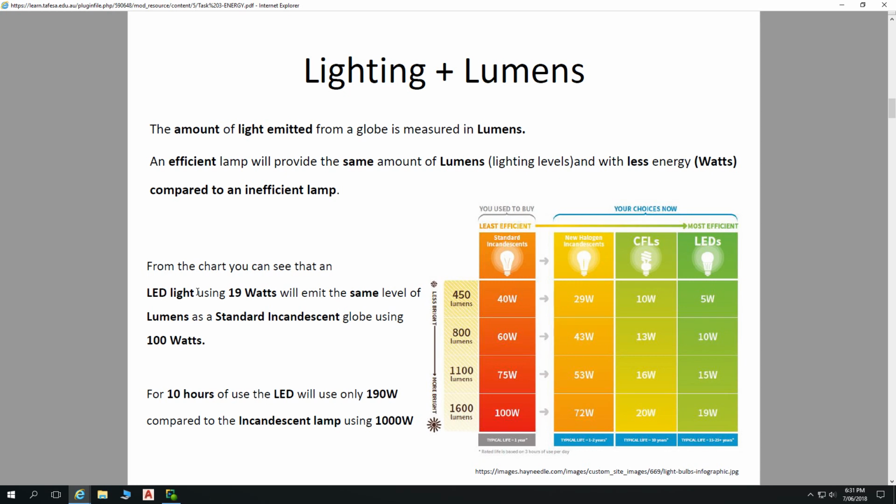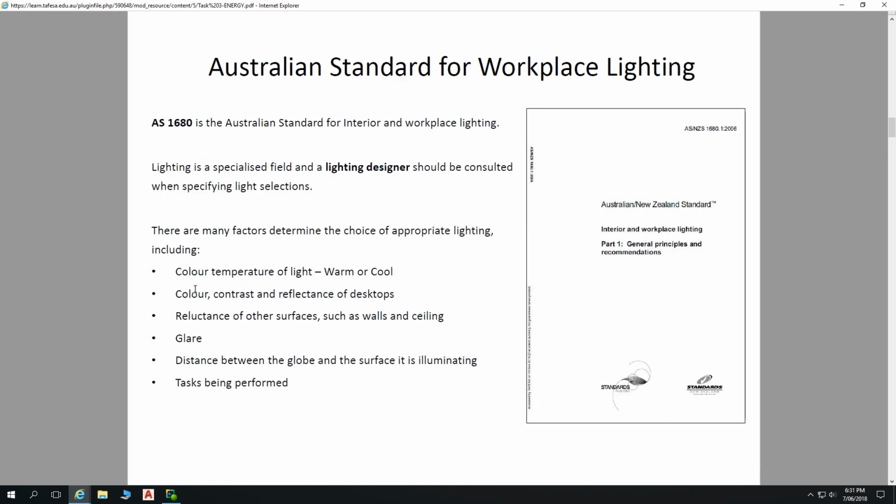And that's going to be important to us because there is an Australian standard, or there's an Australian standard for everything, but there's definitely an Australian standard for the lighting that's required within workspaces. So AS 1680 for workplace lighting.